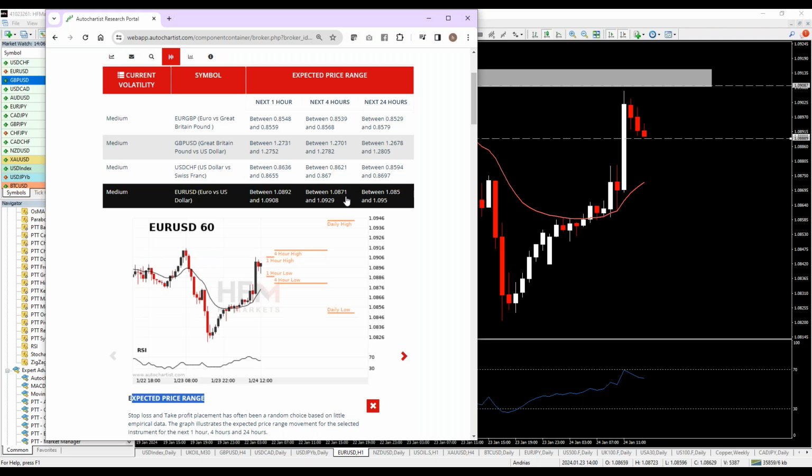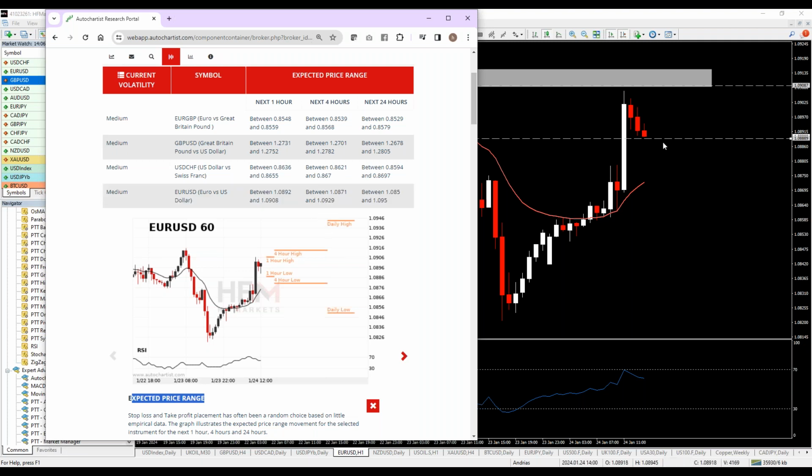30 pips to 60 pips, the maximum. So that tells me that for the next 4 hours, the euro dollar could move between 108.71 and up to 109.29.